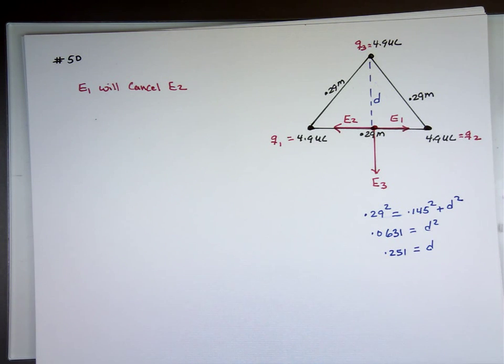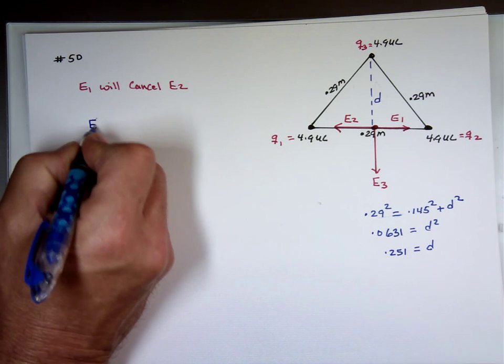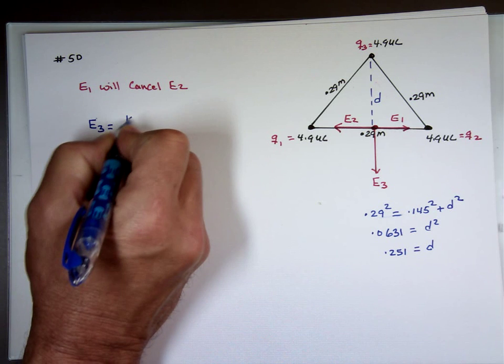So I only have to calculate E3. Remember, E is K times Q over R squared.